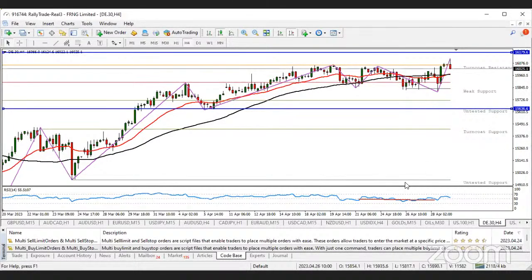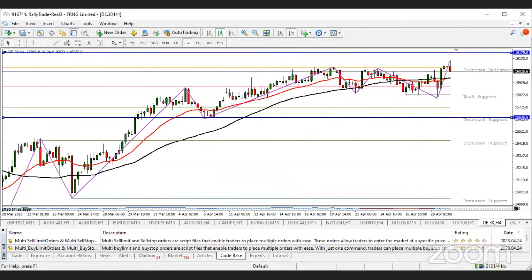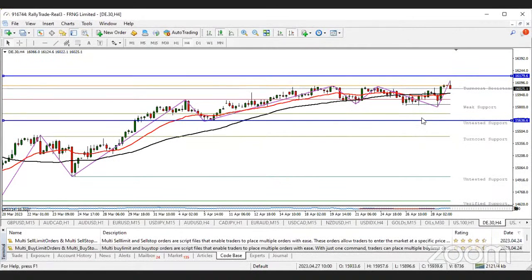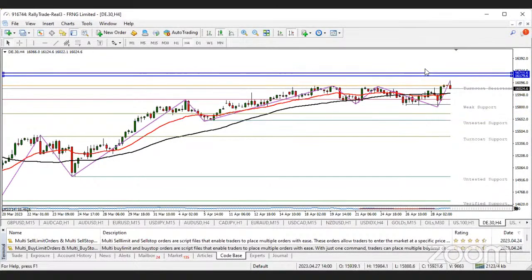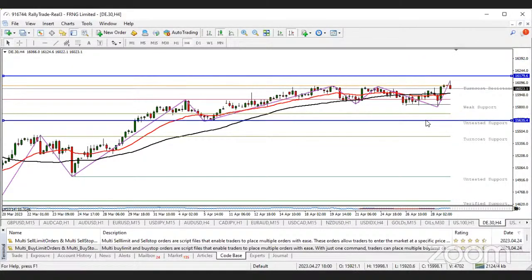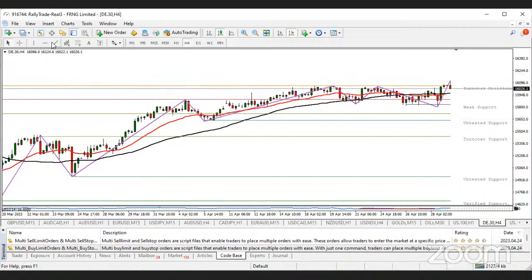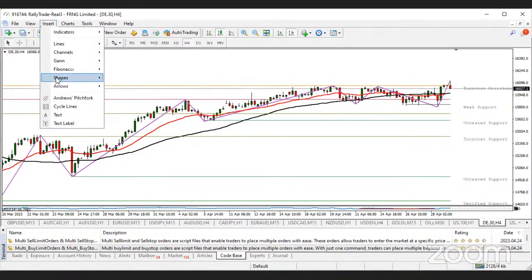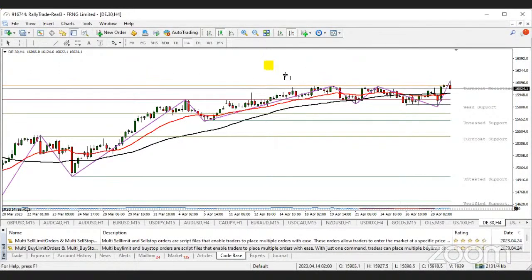So let me put the point. If you are looking forward to a buy, wait for it to break above that turncoat resistance. Look forward to a buy.